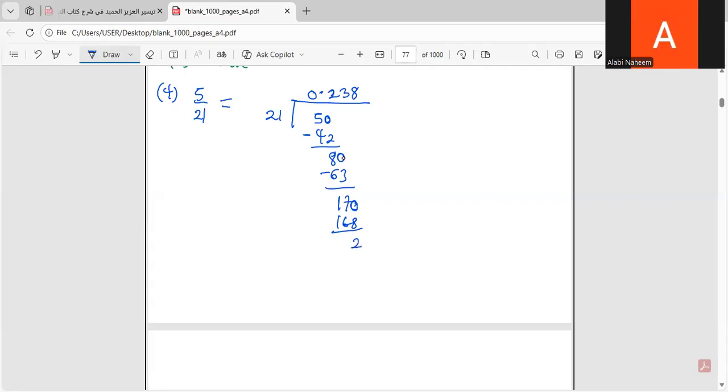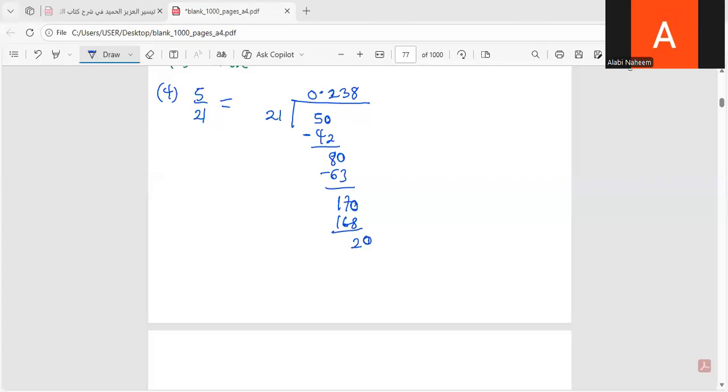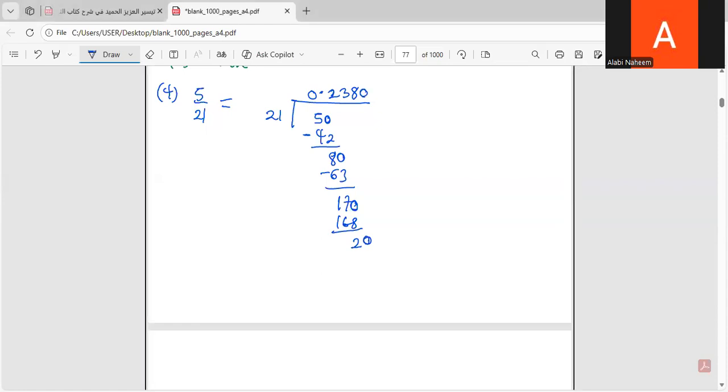21 in 2, 2 is smaller, you include 0. That's 20. Also, 20 is smaller than 21, so before we proceed, we have to add another 0. 21 in 200 is 9. 21 times 9 is 189.